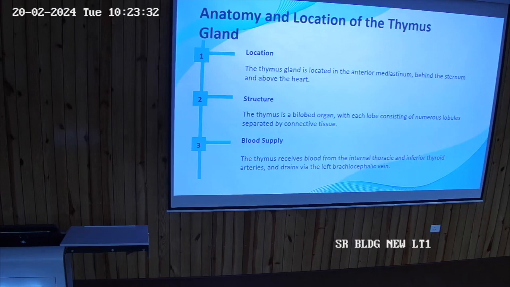No, maximum size takes place till the puberty, and after puberty the size of the thymus gland regresses and it slowly diminishes. Okay, this is just information regarding the thymus gland.